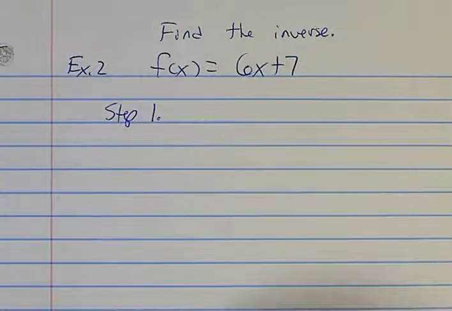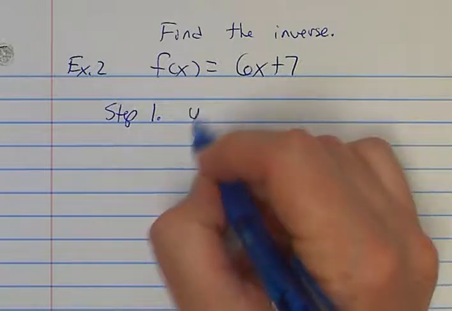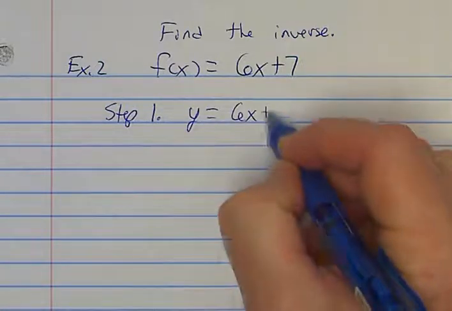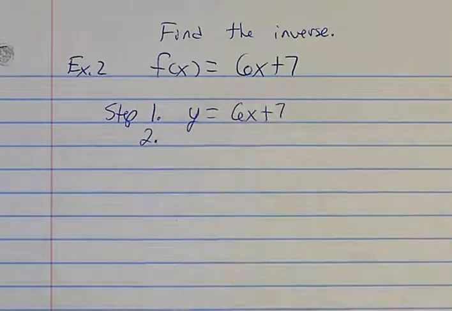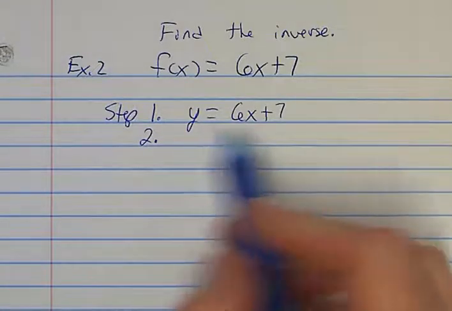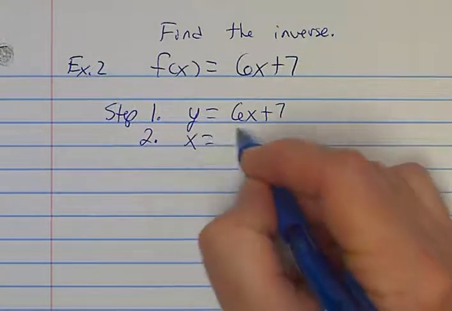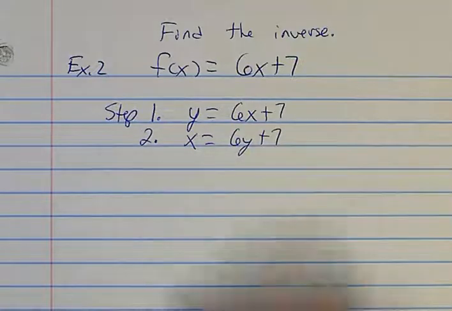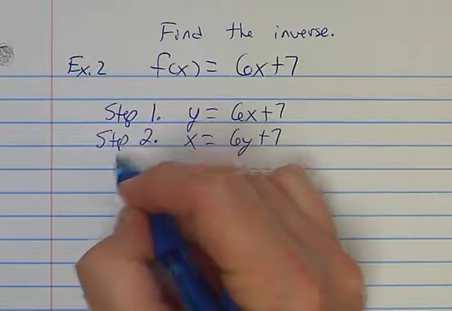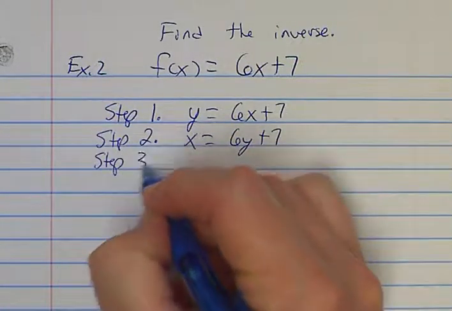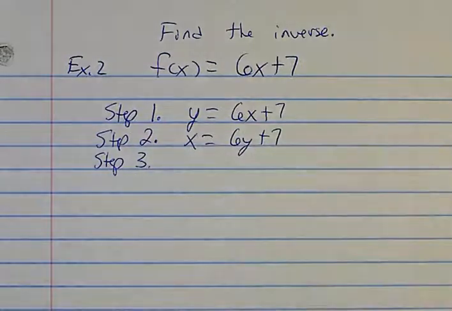Okay, again, step 1, you're going to take out the f of x and replace it with y. Step 2, you're going to switch up where the x and y are. So the x is over here, the y is over here. And then step 3, now you're going to solve this thing for y.